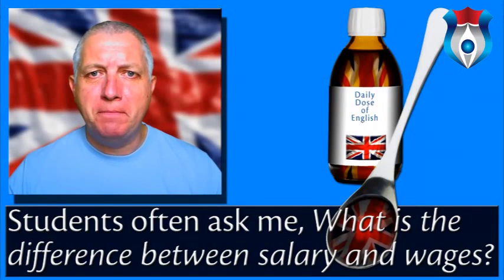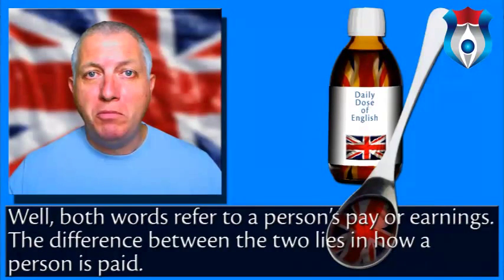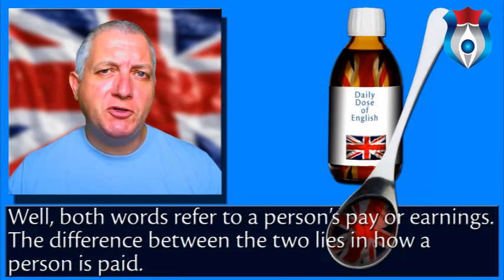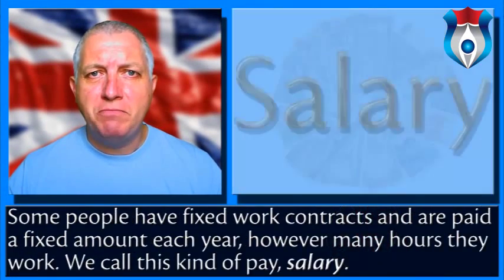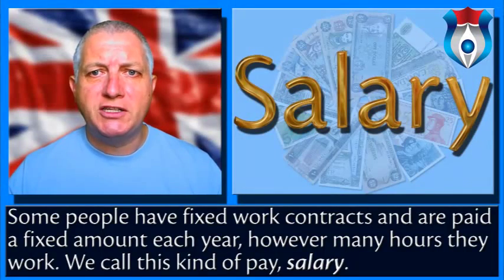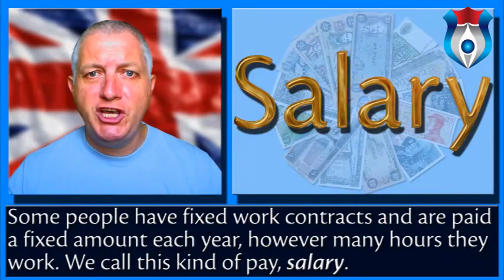Students often ask me, what's the difference between salary and wages? Well, both words refer to a person's pay or earnings. The difference between the two lies in how a person is paid. Some people have fixed work contracts and are paid a fixed amount each year, however many hours they work.